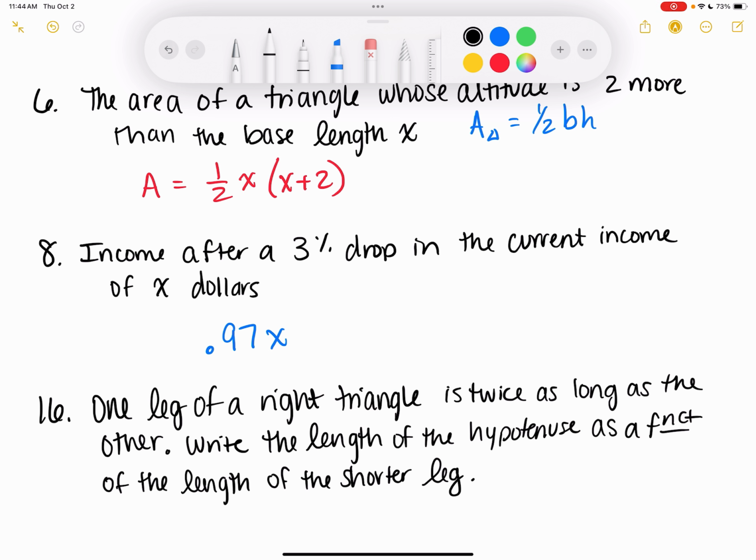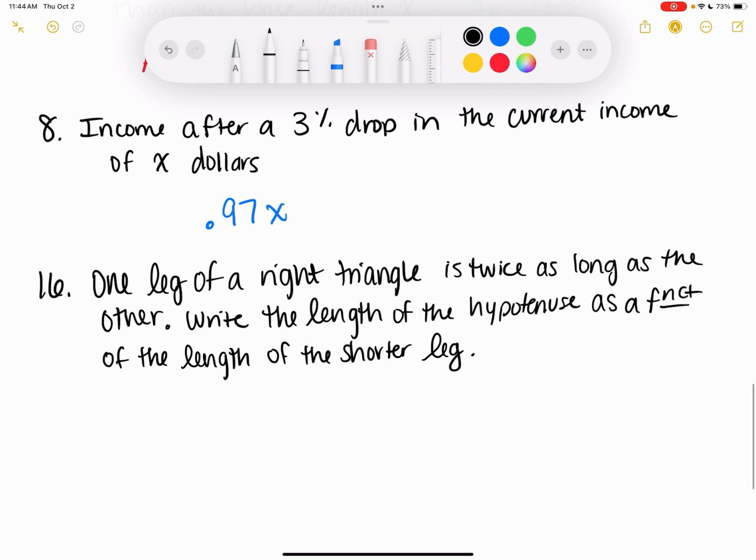So we're not actually solving anything, we're just basically writing an equation. Do we know if it's an isosceles? No, right triangle. Yeah, sorry.